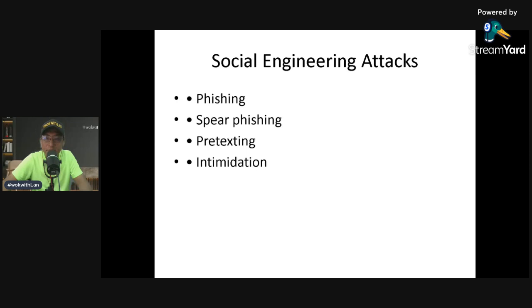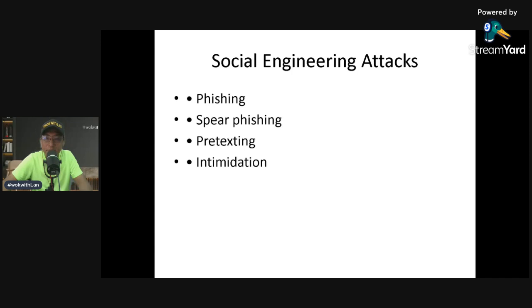So what are the examples of social engineering attacks? One, phishing, mass fake emails. And then the attackers would send this to many people, hoping that at least one or several could click the link.